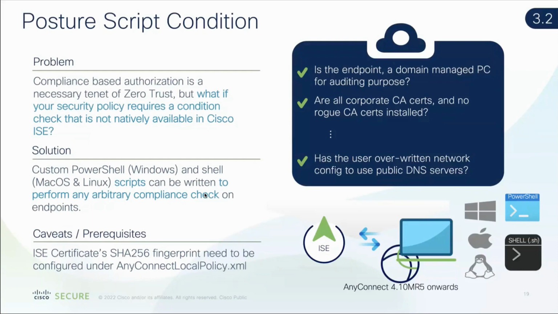I'm not saying it is signed by the Cisco ISE certificate. It is basically that in order for AnyConnect or Secure Client to execute the posture script condition, it first of all has to trust the ISE certificate as well. That's the precondition that we need to keep in mind.